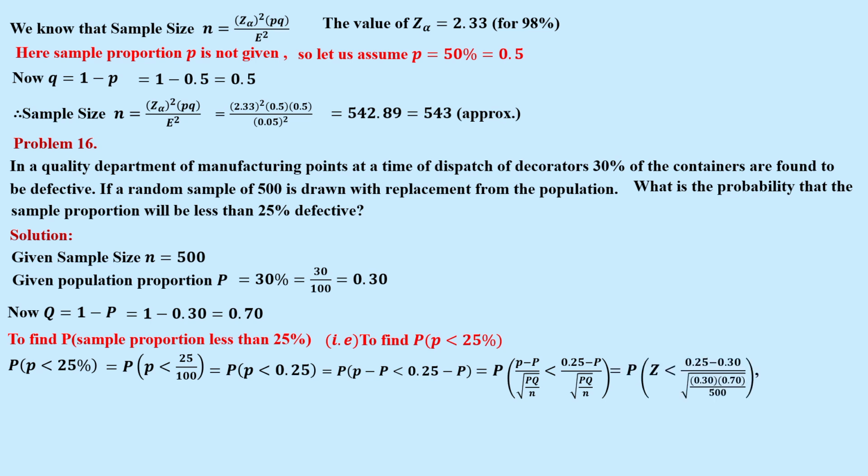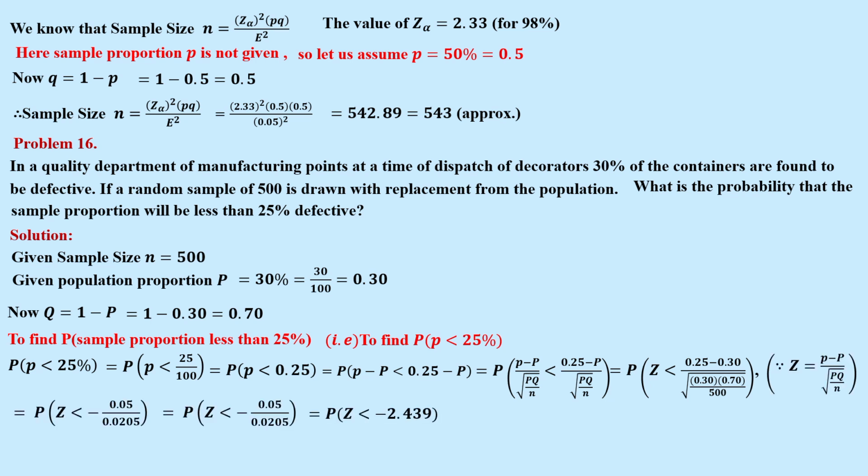So substituting the values, we know test statistic z is equal to (p minus P) by root of PQ by n. So it is probability of z less than (0.25 minus 0.30) by root of 0.30 into 0.70 divided by 500. So that is equal to probability of z less than minus 2.439.